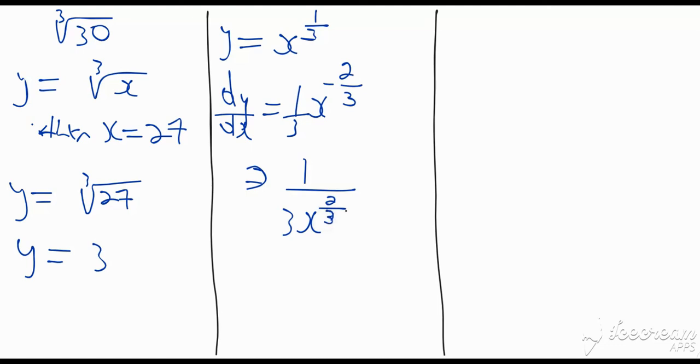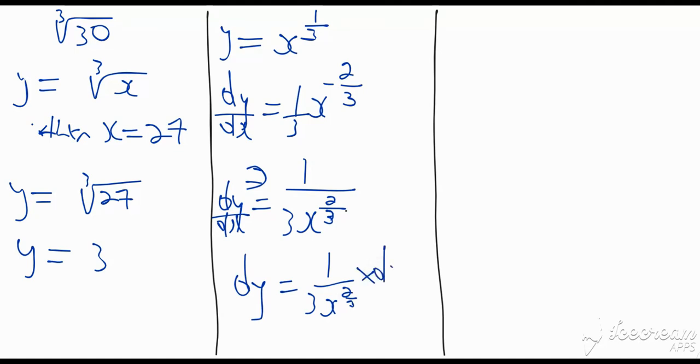So we have dy over dx equal this. Now, of course, what we're interested in is finding the change in y. So we can say dy is equal to 1 over 3x to the 2/3 times the change in x. And of course, moving from 27 to 30 would be a positive 3.